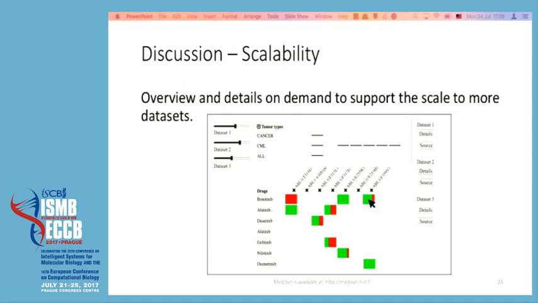And the user can adjust the weights of the datasets in the calculation based on user trust in the datasets. And if the user clicks on the data cell, it will show the details and the sources of the data on the right.